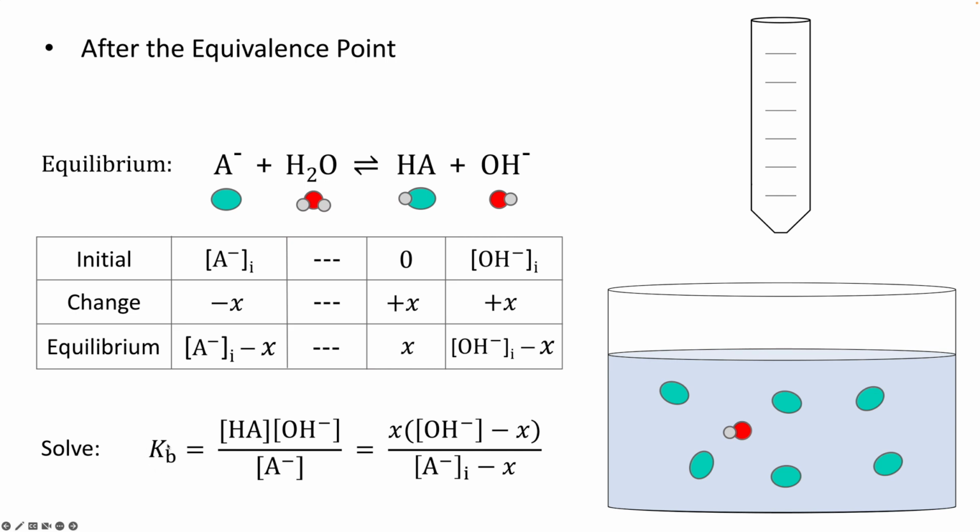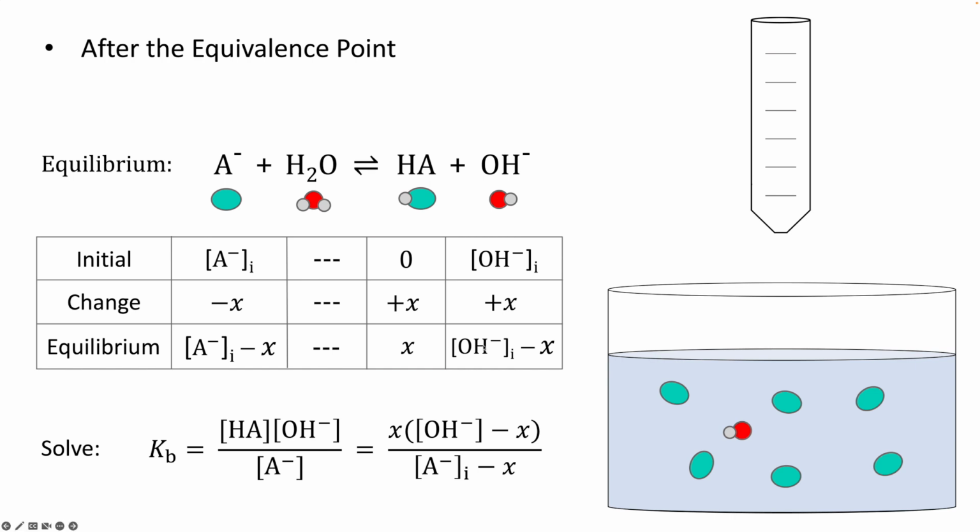Remember again, Kb is very small, means X is very small, and when you do the math on this, if you're a little significant part way past the equivalence point, and you don't have to be too much past it, what you'll find is you do the math and solve, and essentially the concentration of OH- that was due to the added OH- past the equivalence point is going to be significantly larger than the X here that we would be solving for.